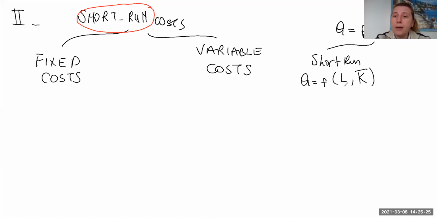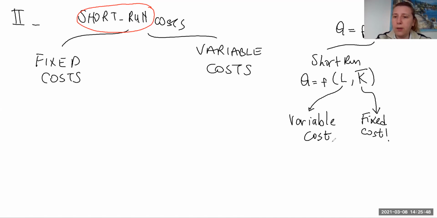So the payments made to the variable factor are called variable cost, and the payments made to the fixed factor are called fixed cost.